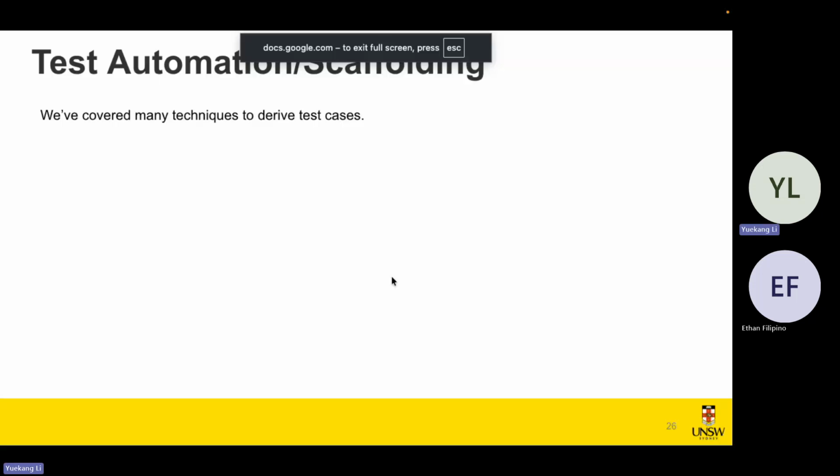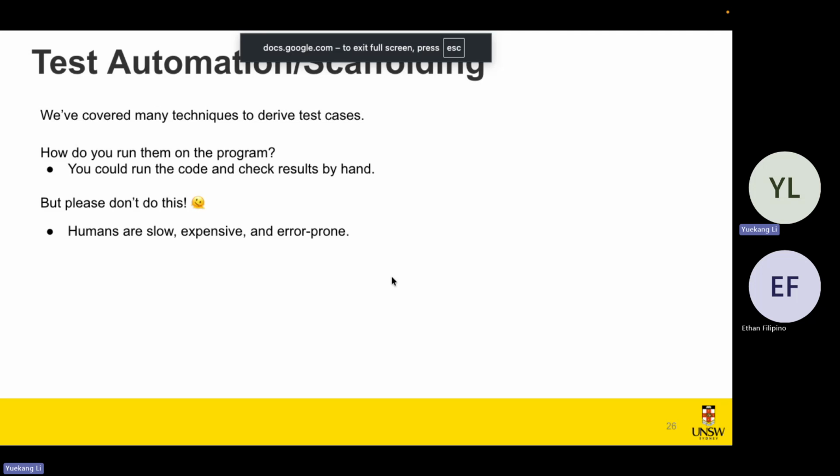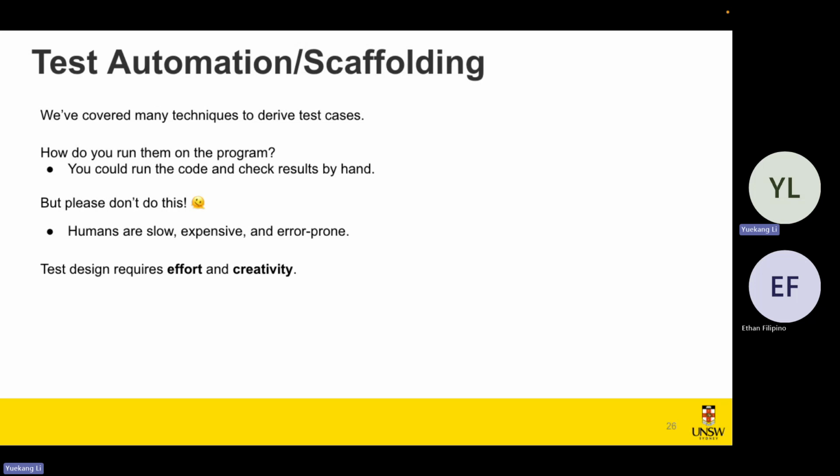After creating the test cases, you should create some automated approach to run them, just because humans are very slow, very expensive and sometimes error prone. Test design requires effort and creativity, as you can imagine, because we need to think about how to approach the problem from a different angle, like how to cover the different corner cases.